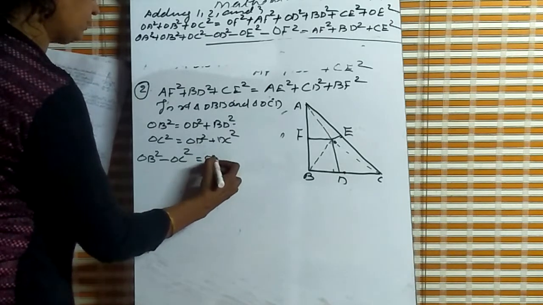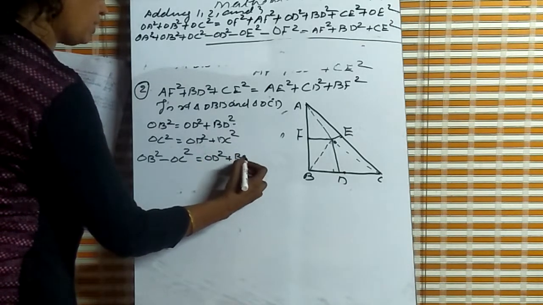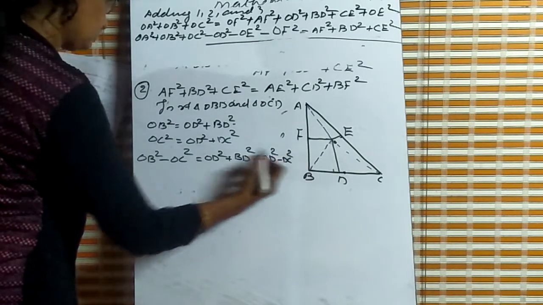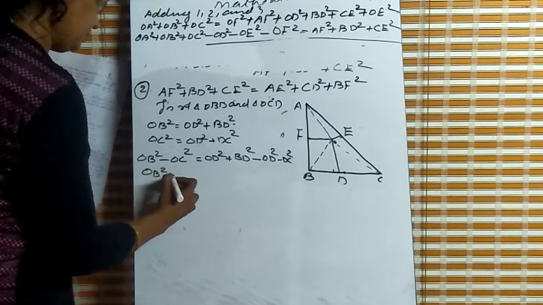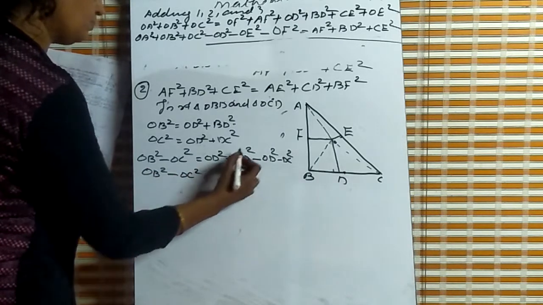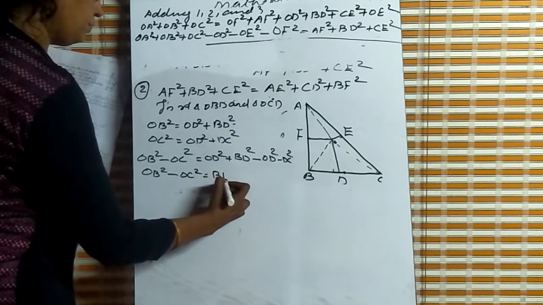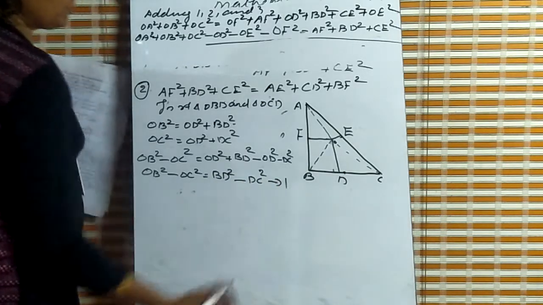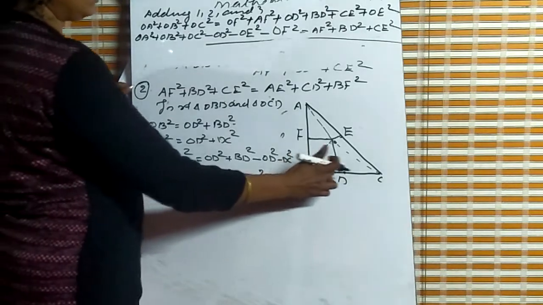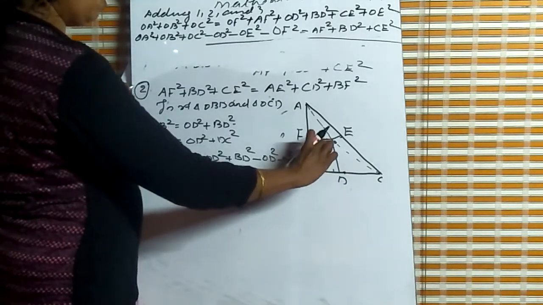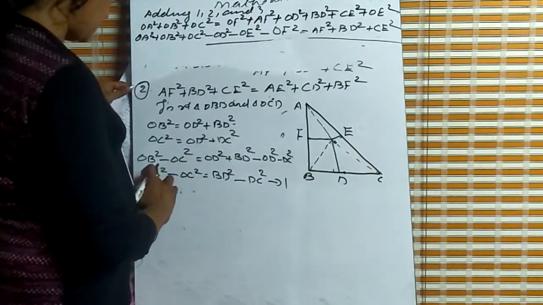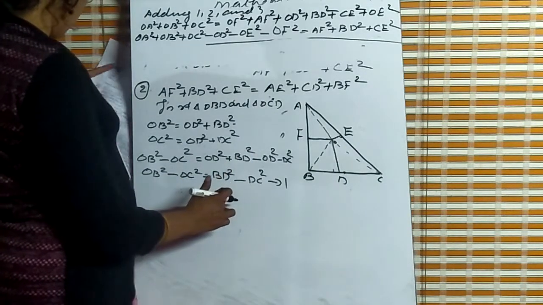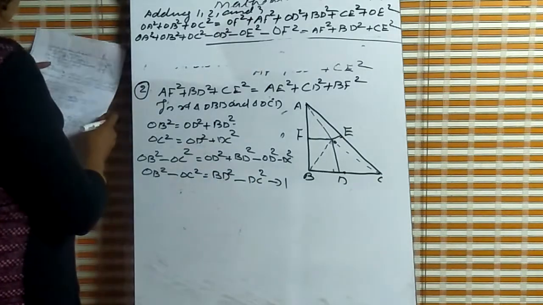It is equal to OD square plus BD square minus OD square minus DC square. OD cancelled, so OB square minus OC square is equal to BD square minus DC square. This is equation 1.